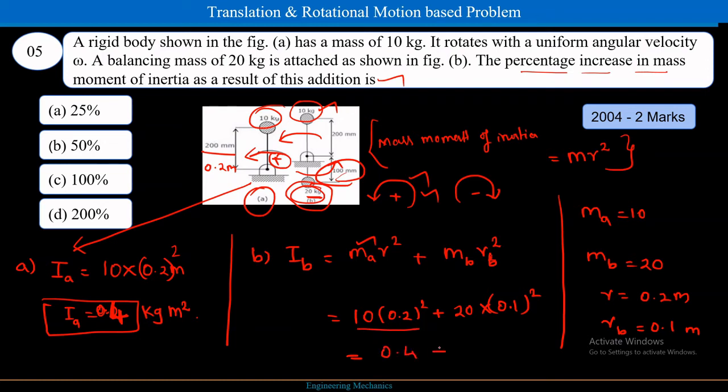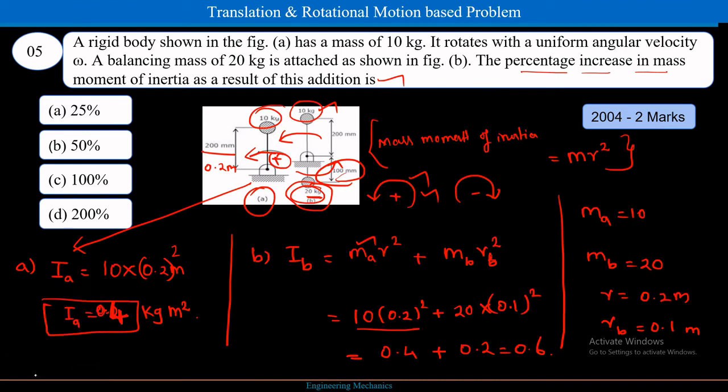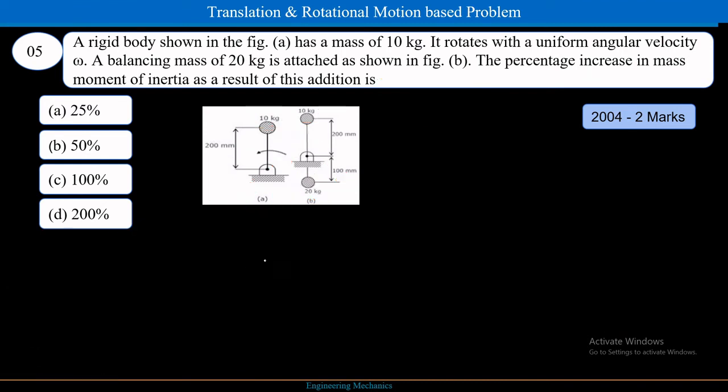It is going to be 0.4 plus 0.2, which is 0.6. So we know IA is 0.4 for this, and IB is 0.6, that we have calculated already.